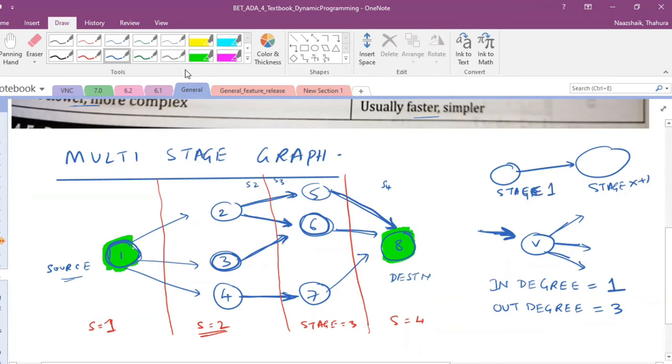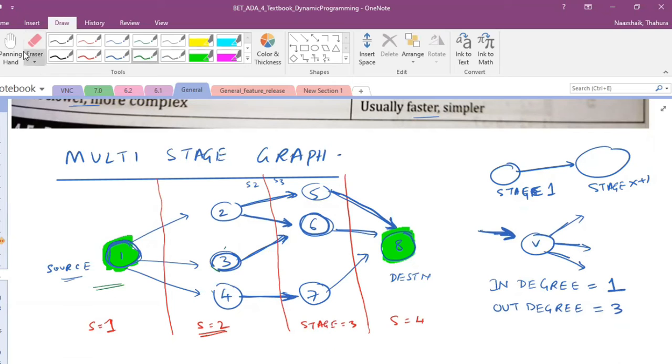And if you notice, no edge is within the same stage, like 3 going to 3 or 4 going to 3. You don't have anything like that. Always, edges are from one stage to another stage. And finally, all edges start from the source, you go through different stages, and finally you culminate at the destination. So these are all the different properties of a multi-stage graph.